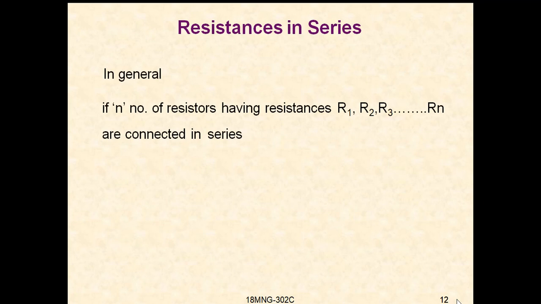In general, if n number of resistors having resistances R1, R2, R3, so on up to Rn are connected in series, then the total resistance, or it is also called as equivalent resistance, R is equal to R1 plus R2 plus R3 plus so on up to Rn.